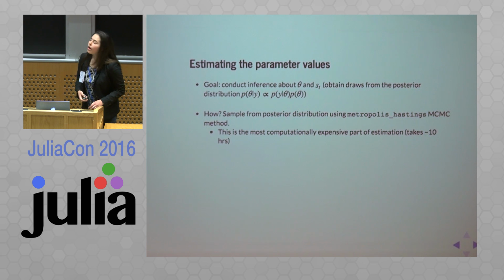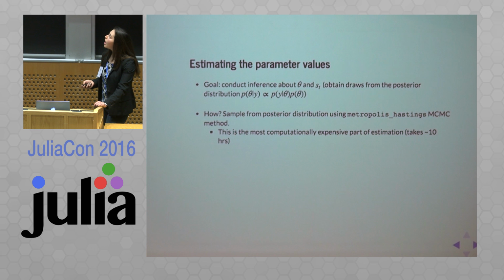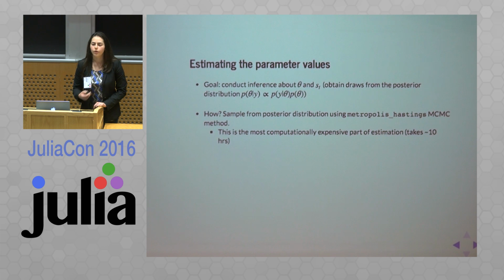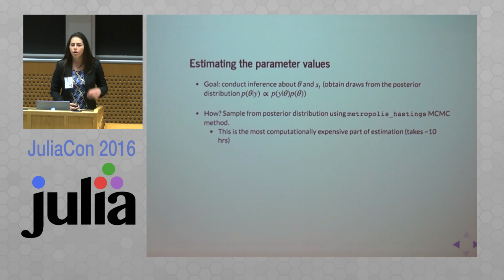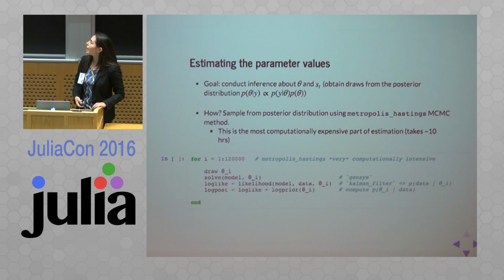And how do we do that? We do that using MCMC methods. Particularly, we use Metropolis-Hastings. And it's really computationally intensive. This can be the most computationally intensive part of our estimation process. And here's why. This is some pseudocode. It's Julia looking, but not exactly Julia.